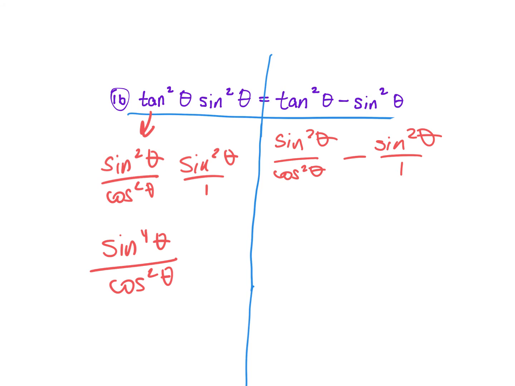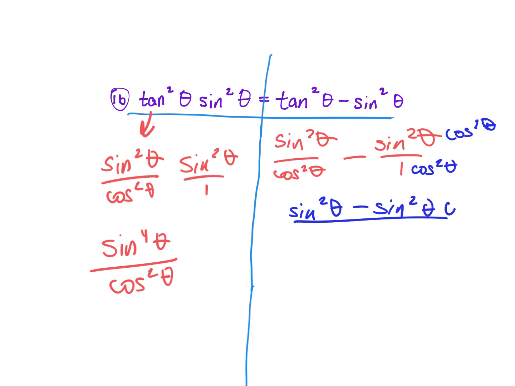What am I going to multiply the bottom by? Cosine, right? You guys with me? So I have sine squared theta minus sine squared theta cosine squared theta over cosine squared theta. Yeah? All right.